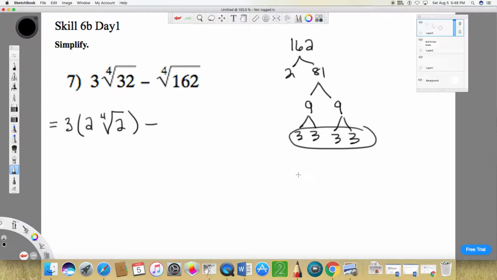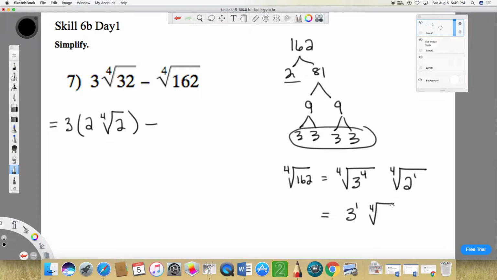All right. So this fourth root of 162, we can break it apart and say, hey, that's the fourth root of this group of 4 factors of 3. And remember, we have this 2 that was by itself, and that there wasn't enough of them to simplify it. So 4 divided by 4 is 1. We have one group of 4 factors, and each factor is the number 3.